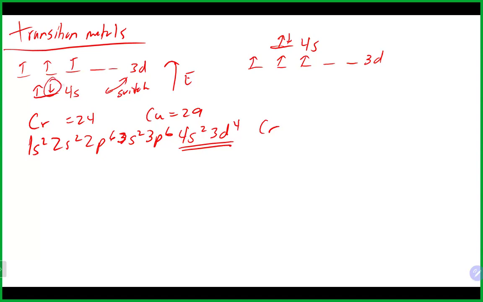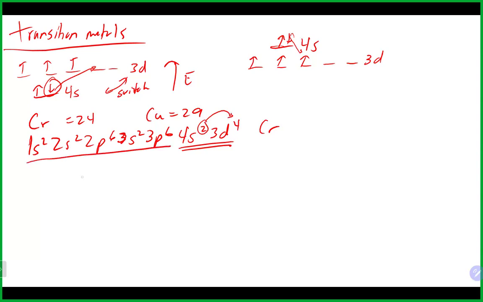It doesn't take a lot of energy to promote one of those lower energy electrons, the s electrons, or really in this case, drop it back down. And what happens is they actually have one more electron up in the d and one less electron in the s orbital.